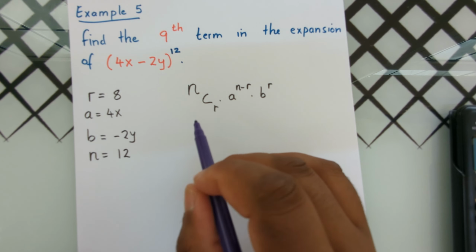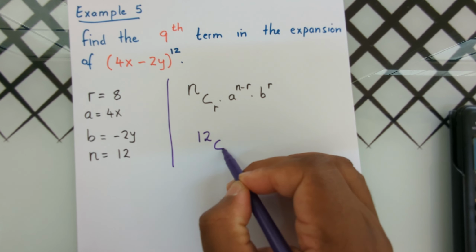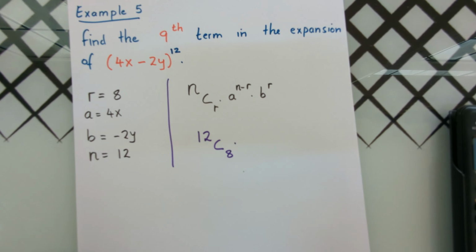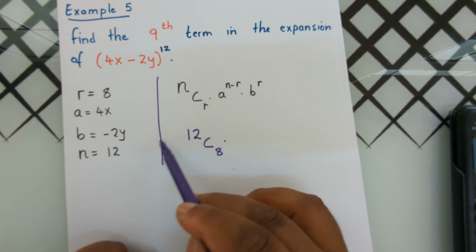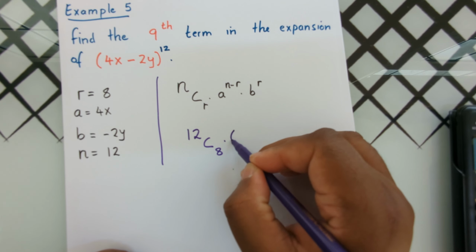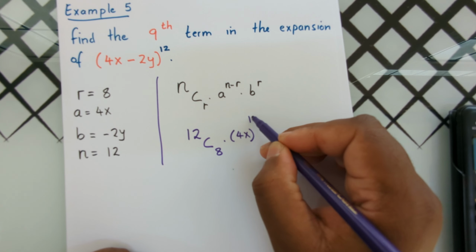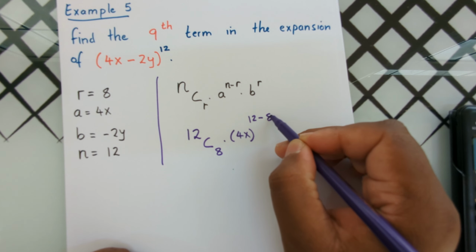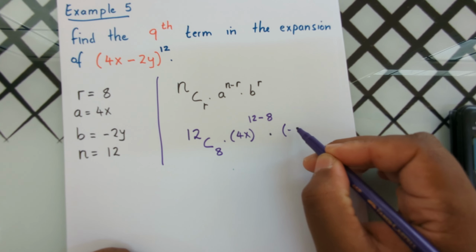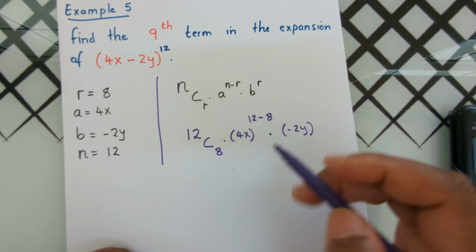So we want the ninth term, it will be 12 choose 8 multiplied by a. Our a is 4x to the power of n minus r. Our n is 12, our r is 8, being multiplied by b. Our b is negative 2y being raised to the power of r, and our r is 8.